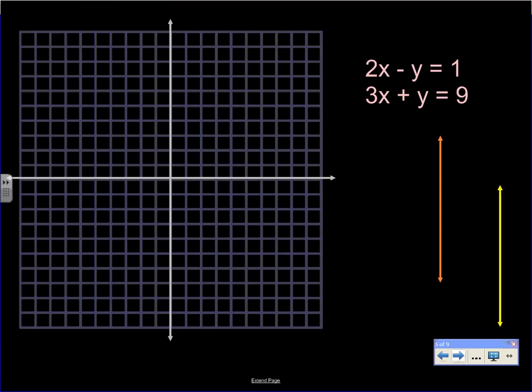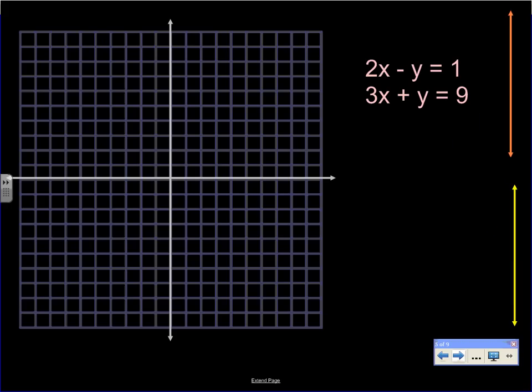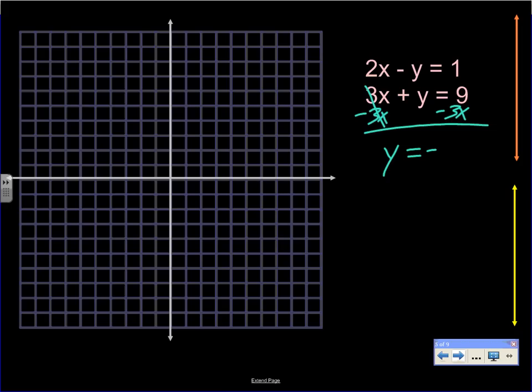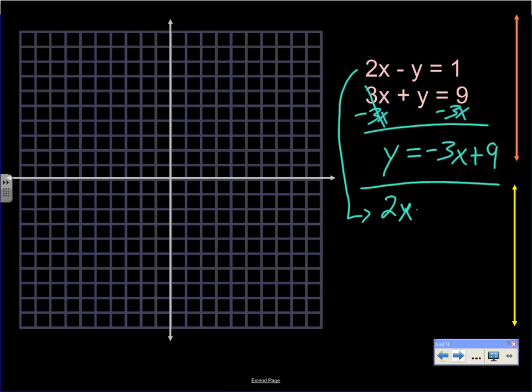Let's go ahead and get these lines out of the way. Let's change these to slope-intercept form, subtracting 3x from both sides. And this one up here, let's see, what do we have? 2x minus y is equal to 1.